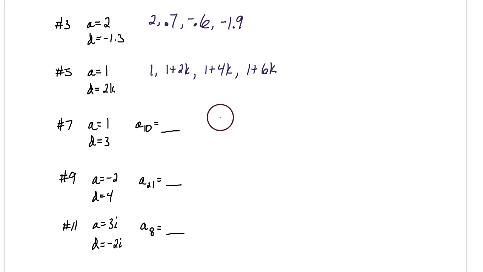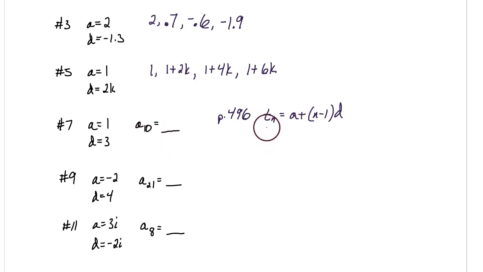The general term formula for an arithmetic sequence is on page 496 of the book, and that formula is that the nth term of the sequence is equal to the first term plus n minus 1 times d, meaning that you're adding the value of d 1 fewer times than the term that you're interested in finding.